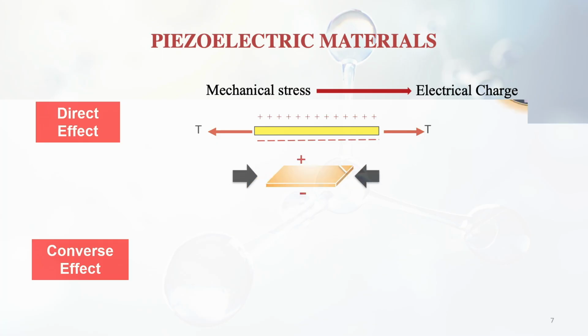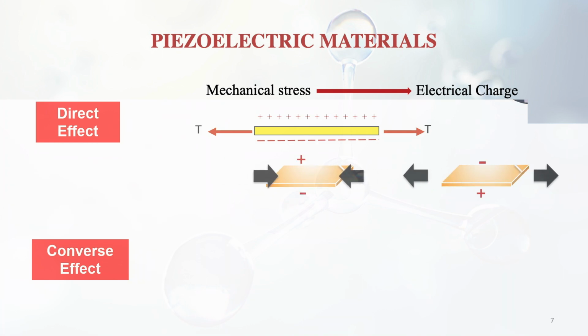Now the same piezo materials, if the stress type is changed from compression to tensile, then we'll have the reversal of the charges. So typically if they are subjected to dynamic stresses, then they will have charges which are alternating in nature, and so the voltage associated with it will be an alternating voltage.